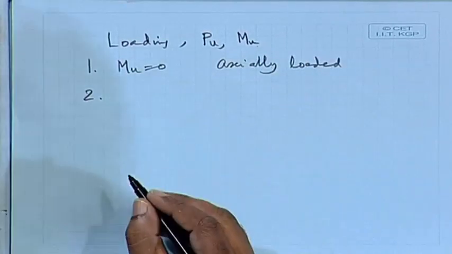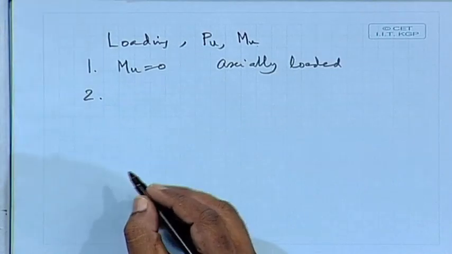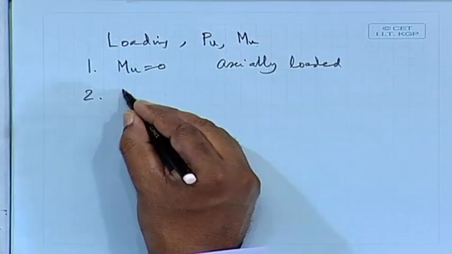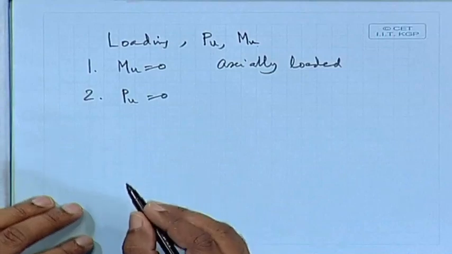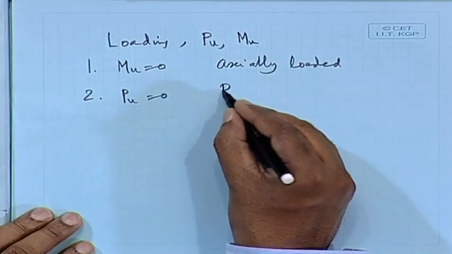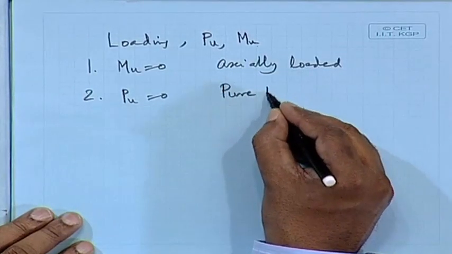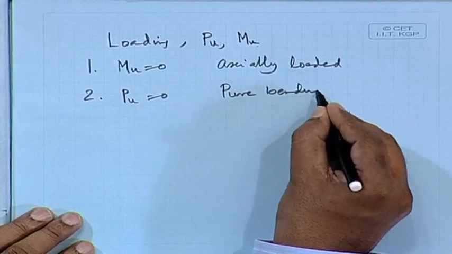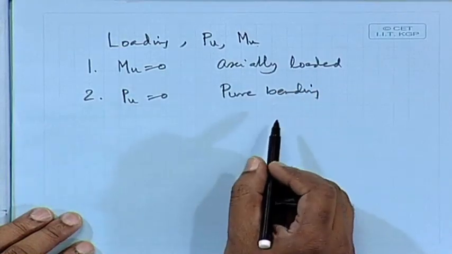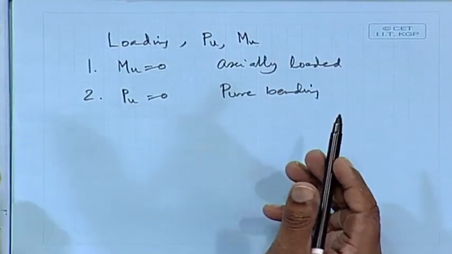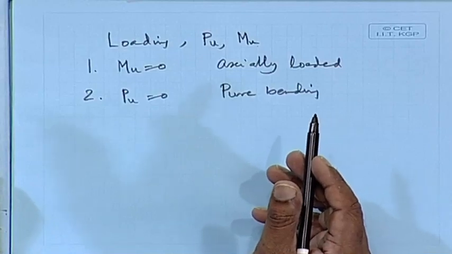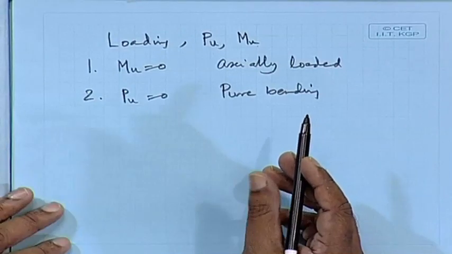Number 2, it can happen that Pu equal to 0, that means it is nothing but pure bending, the beam problem, nothing but a doubly reinforced section.